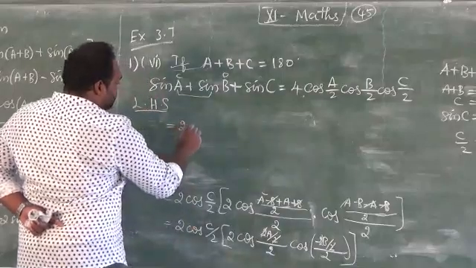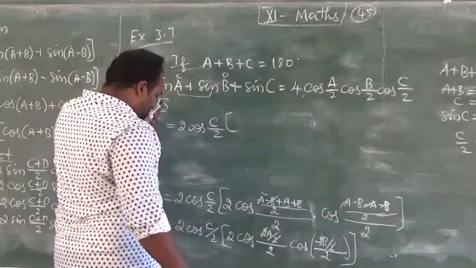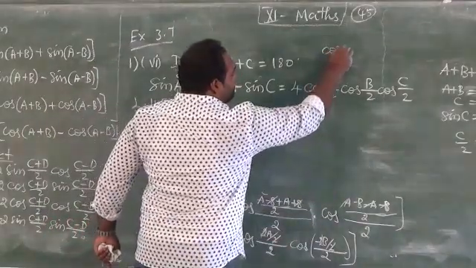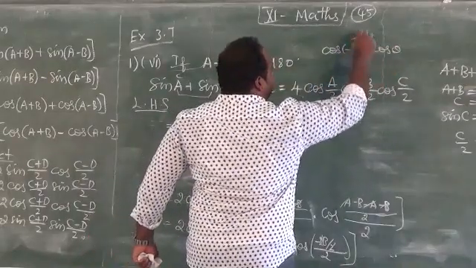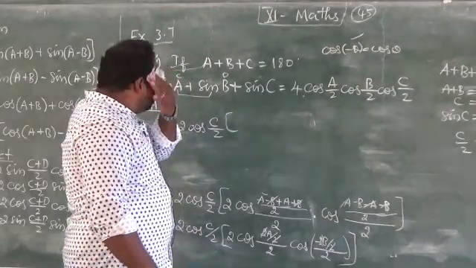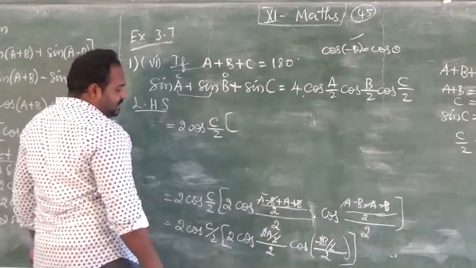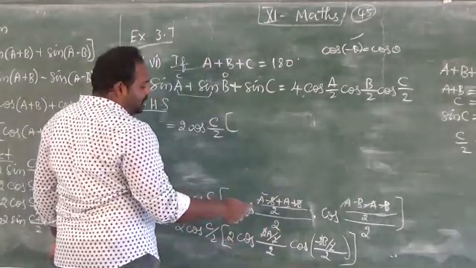So remaining 2 cos(c/2) into cos of minus theta, always cos theta. It is an even function, even if the argument is negative we get the positive function. So there is no change in this sign. We can take directly positive for cos of minus b by 2.